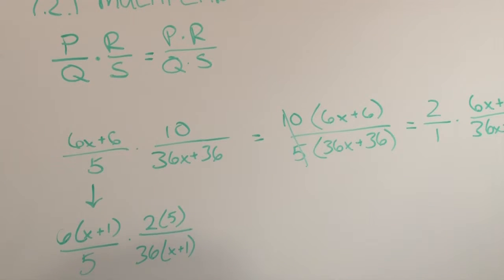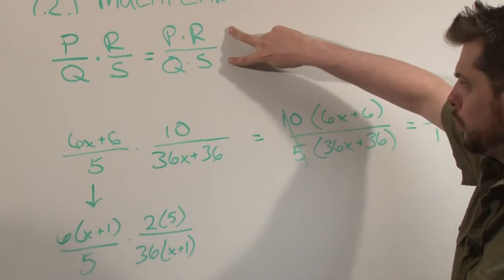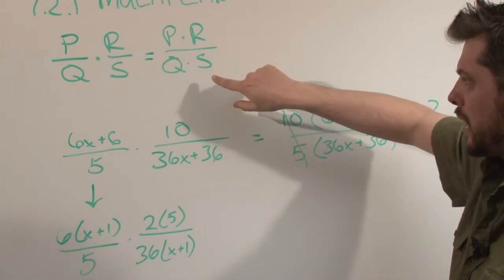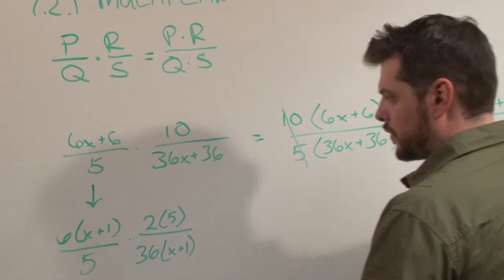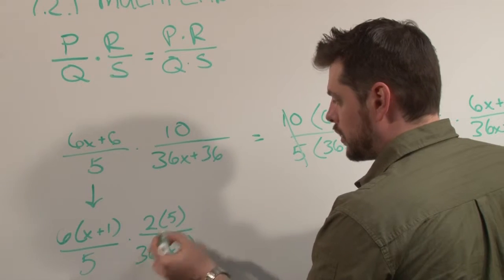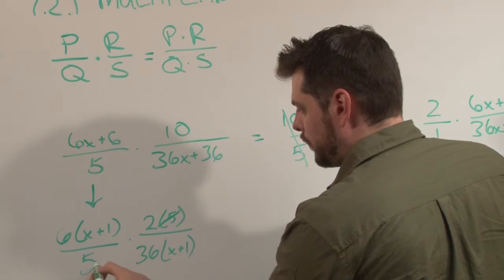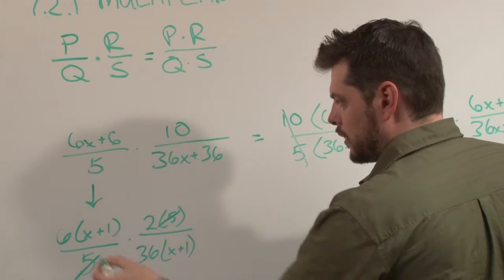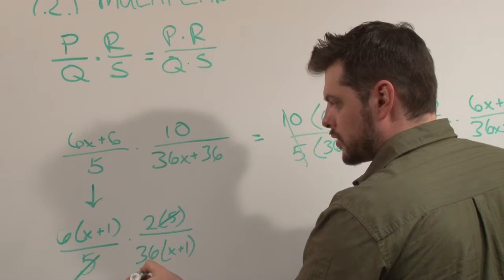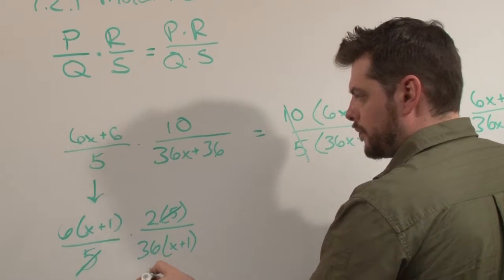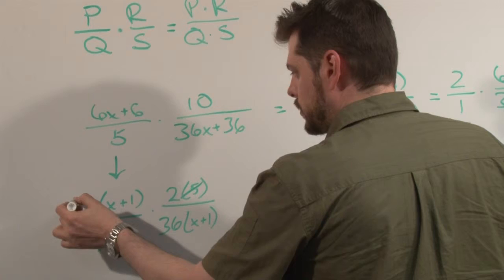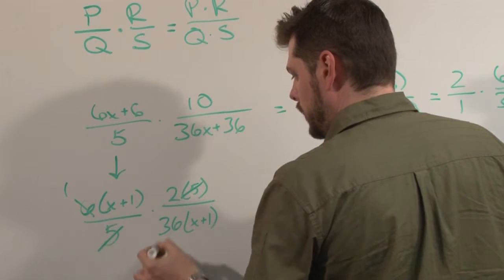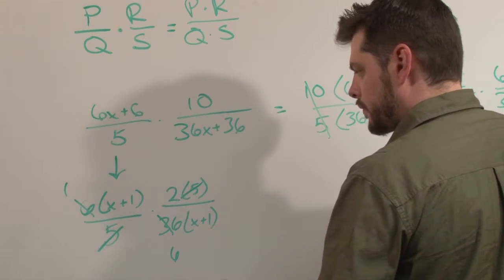Well, by my rule where I can multiply just the top and the bottom, why don't I go ahead and look for things that I can cancel out, or reduce to 1? Like the 5 and the 5 I know reduces to 1. 6 and 36 also share a common factor of 6. So this reduces to 1, and this reduces to 6.